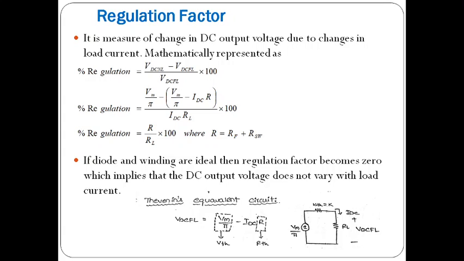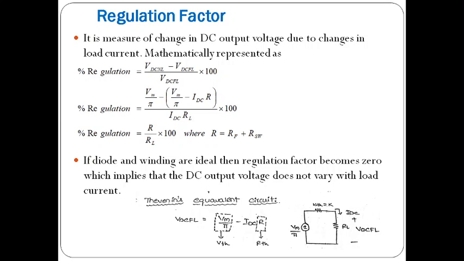Clear? If the diode and winding are ideal, then the regulation factor becomes, what happens? 0. Why? Because R becomes 0. If we consider an ideal diode, then RF equals 0, and an ideal winding, then RSW equals 0, which implies that the DC output voltage does not vary with load current.